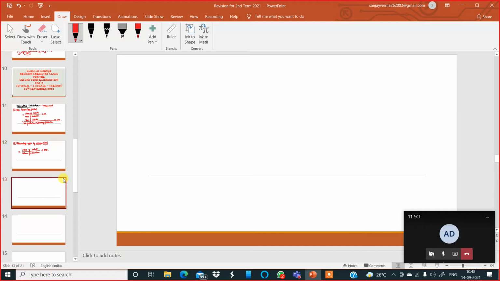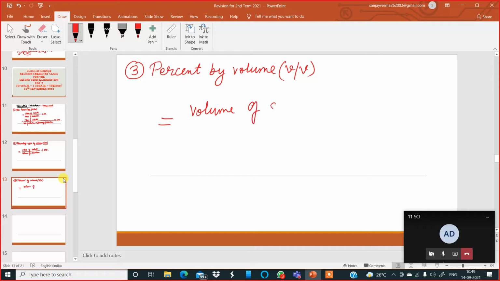The next one, number 3, is called volume percentage, or simply percent by volume, abbreviated as V by V. The formula for percent by volume, the percentage of solute by volume, is given by volume of solute divided by volume of solution into 100.